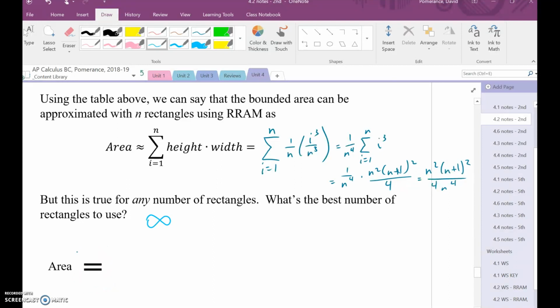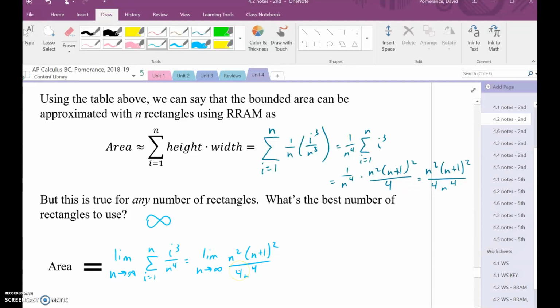This is equal to the limit as n approaches infinity of the sum of all of the rectangles from i equals 1 to n of, in this case, we've got i cubed over n to the fourth. And again, we've already evaluated that sum to be n squared times n plus 1 squared over 4n to the fourth.